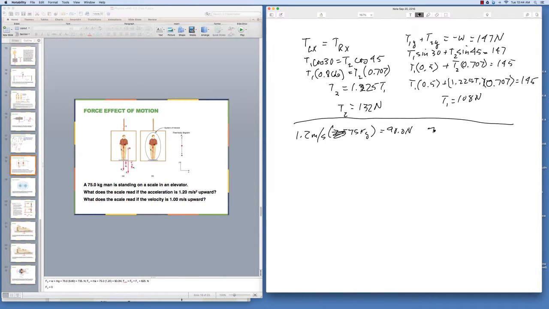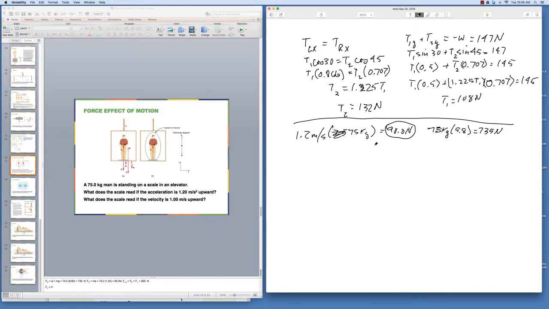His weight, when this is not moving, is 75 kilos times 9.8, which is 735 newtons. Now what happens when this is moving up?